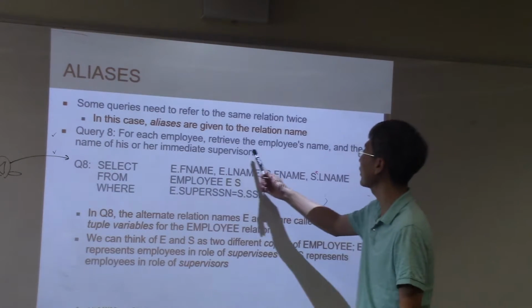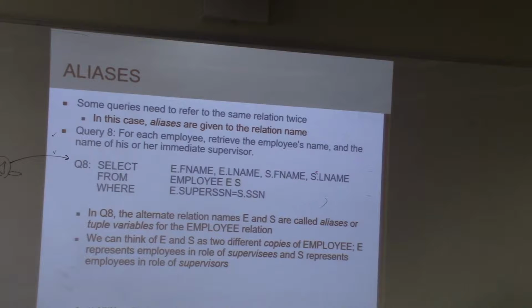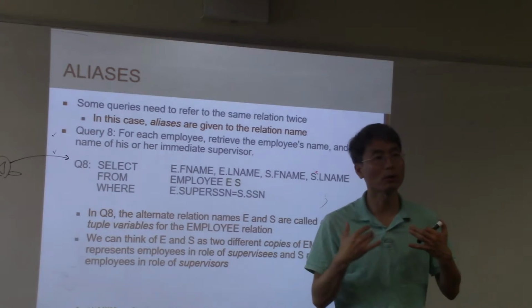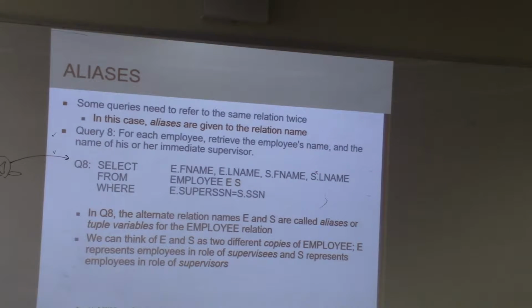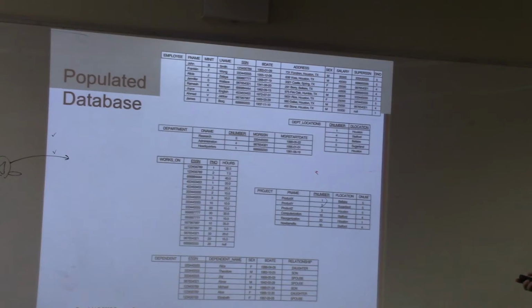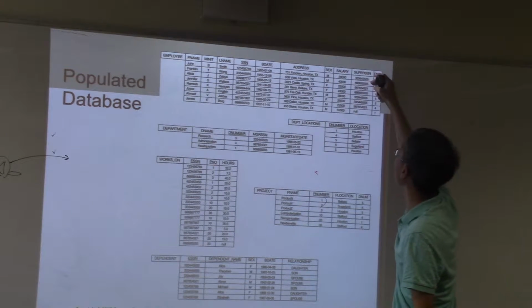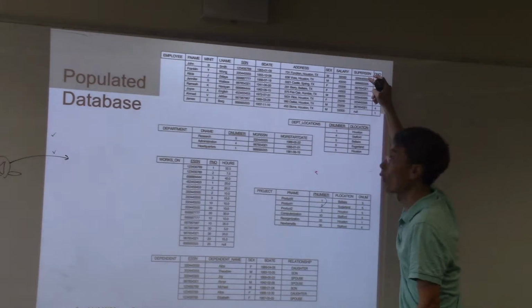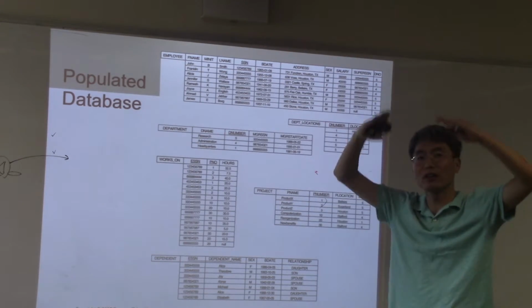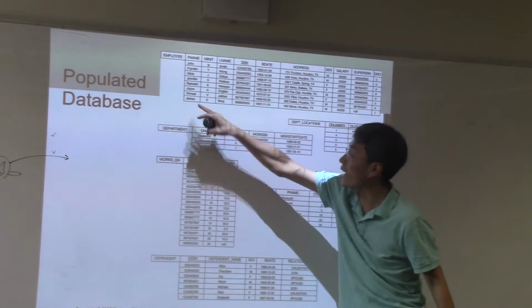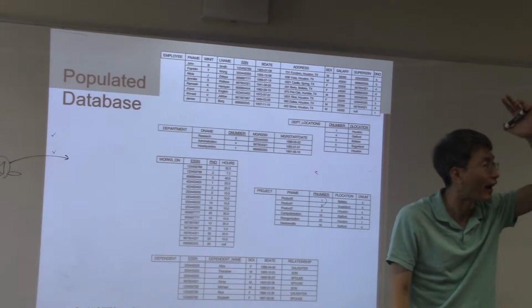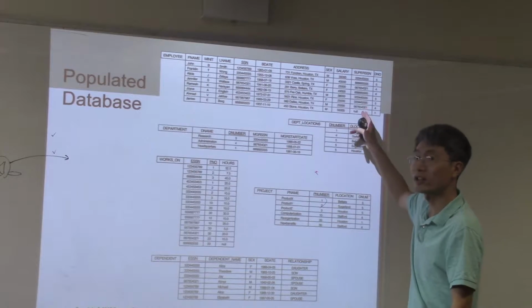For each employee, retrieve the employee's name and the name of his or her immediate supervisor. What does that mean? From the employee, we would like to list. In this data, we have the employee. For every employee, each employee has a supervisor. However, the top of the rank, like James, probably the CEO, may not have a supervisor.